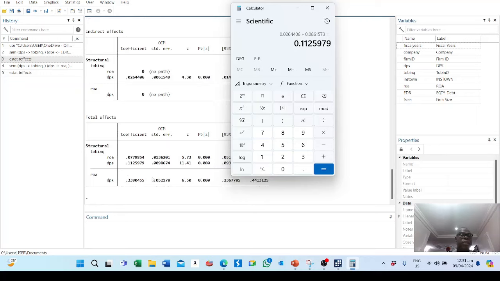Under the total effect, the coefficient of dividend per share is 0.1125979, which is what we have in the calculator now.